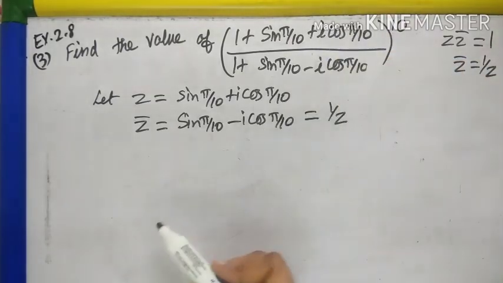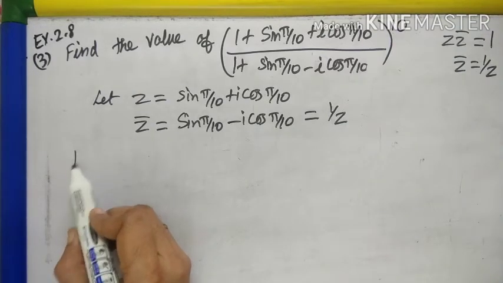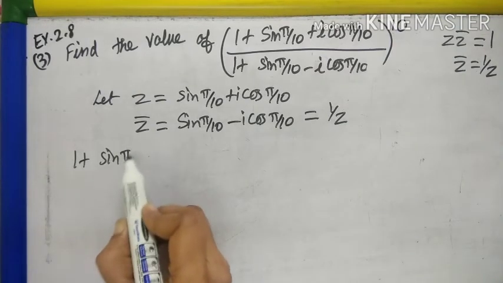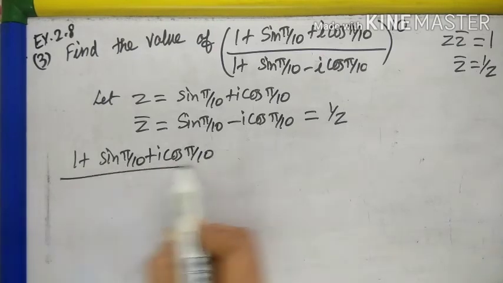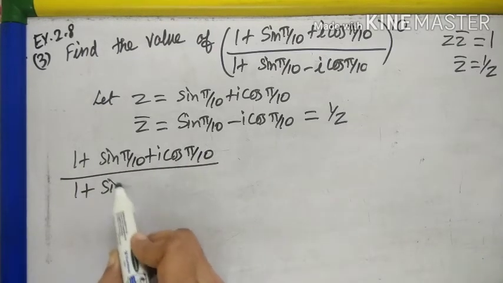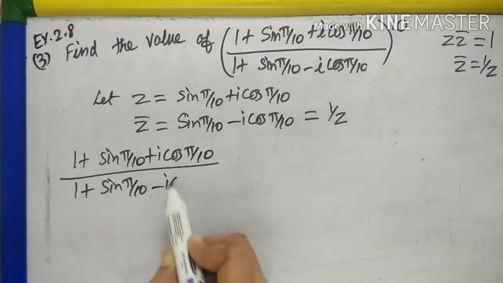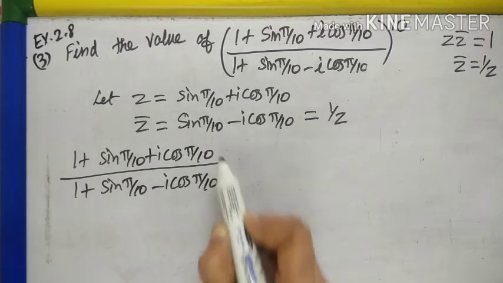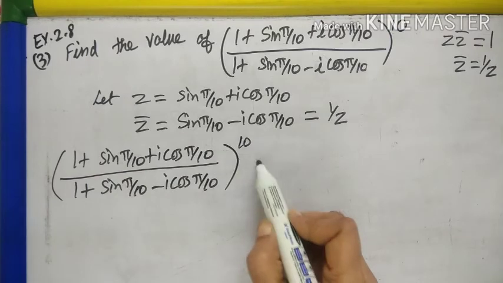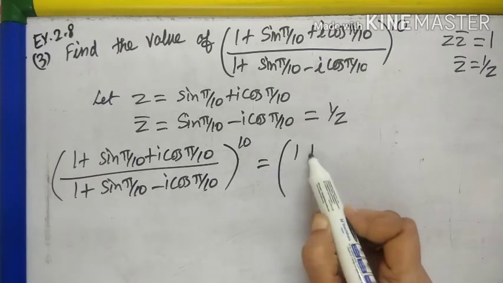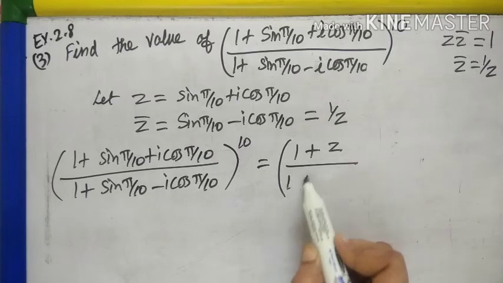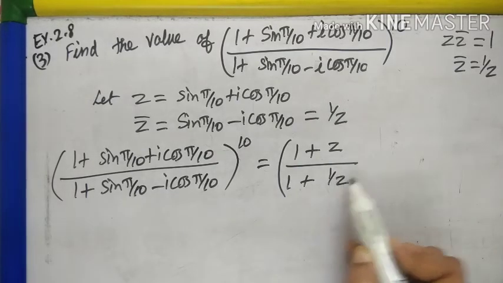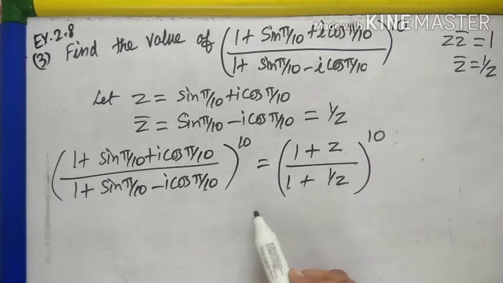Putting it back in the question: 1 plus sin pi by 10 plus i cos pi by 10, by 1 plus sin pi by 10 minus i cos pi by 10, the whole power 10. We just replace this with z, as we have taken. So the denominator becomes 1 plus 1 by z, the whole power 10.